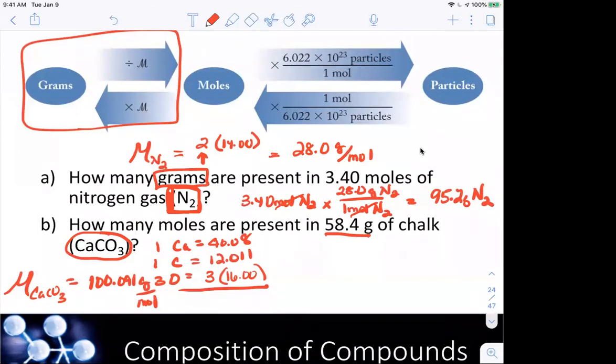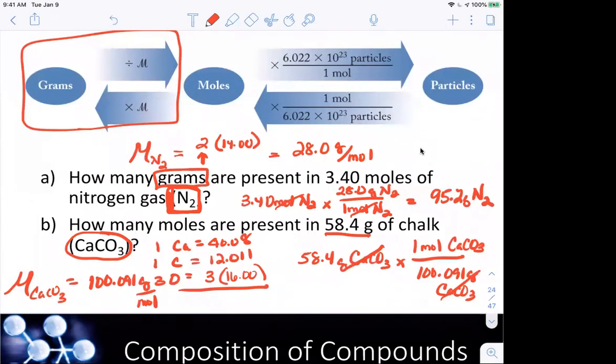So if I have 58.4 grams of CaCO3 and I want to convert to moles, I know for every 1 mole of CaCO3, I have 100.091 grams of CaCO3. The grams cancels. I'm left with moles.